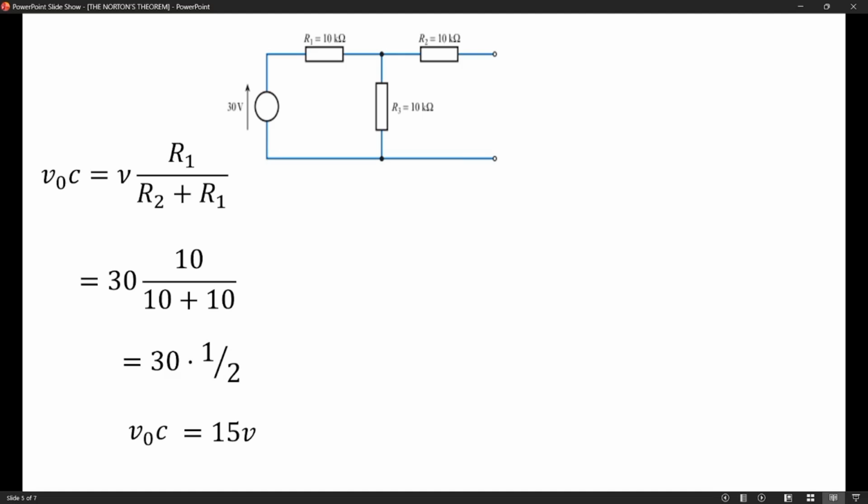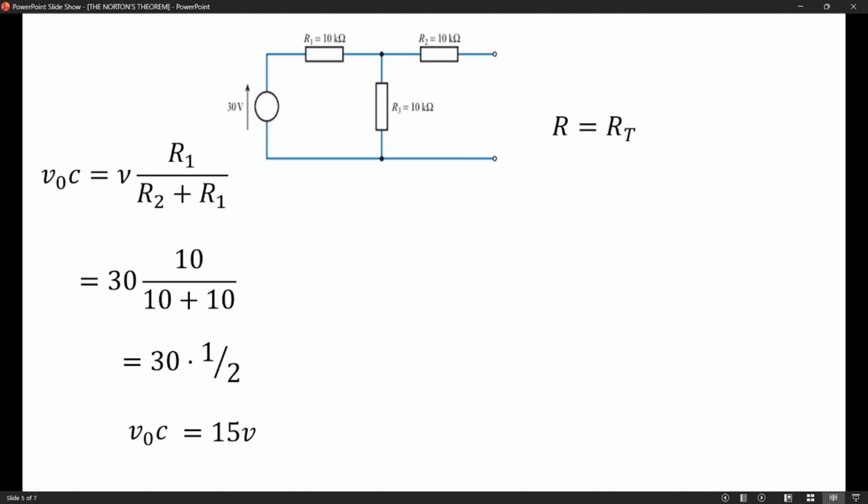Now we have to find the total resistance. Remember, the total resistance is the resistance that we need to find so that we can calculate the current in the short circuit.